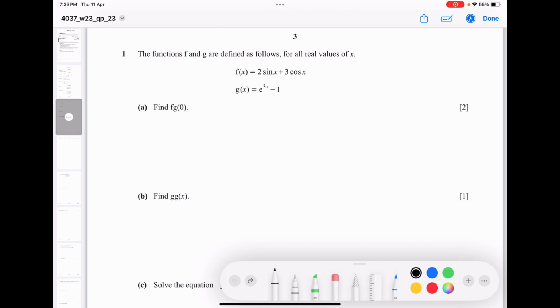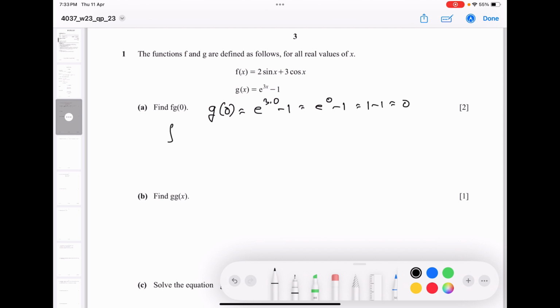Now, first find g(0). e to the power 3 times 0 minus 1, so e to the power 0 minus 1, 1 minus 1, that is 0.